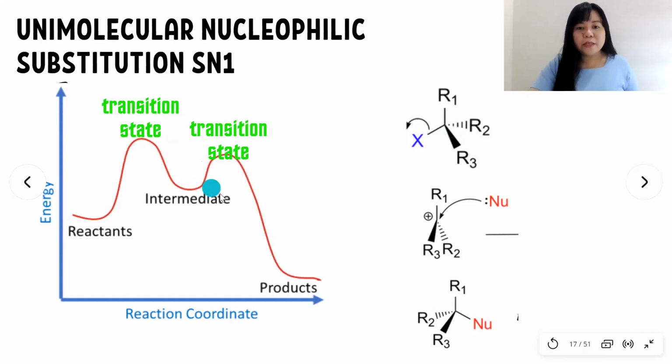On the other hand, for the second transition state, its structure, again, would be in between the intermediate and the product structure. Therefore, we can say that in the second transition state, the alpha carbon to the nucleophile bond is partially being formed. And that results, again, in a high energy state.